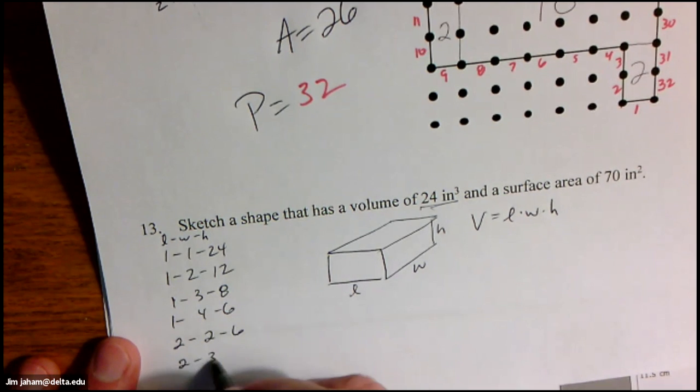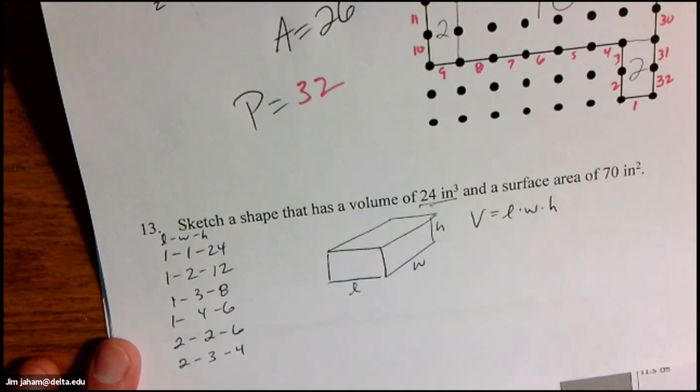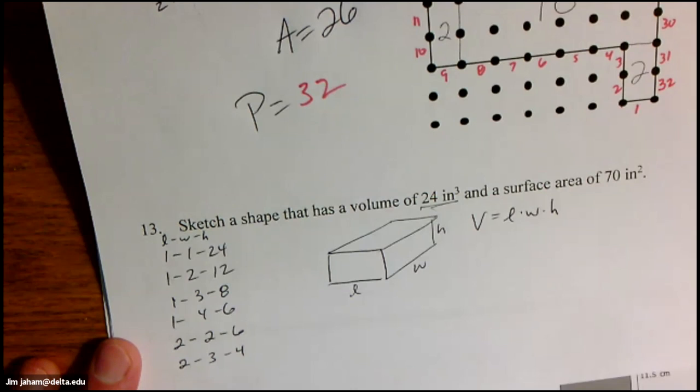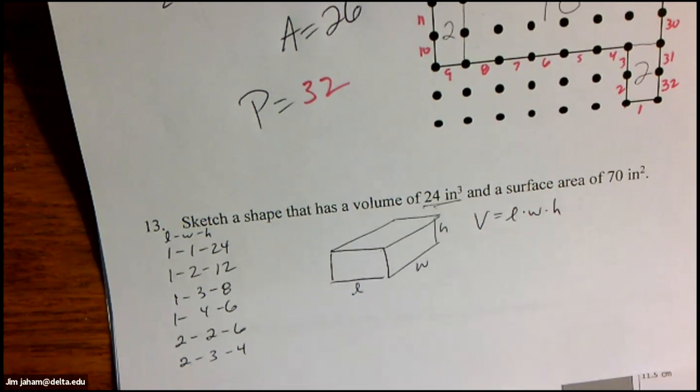And 2 by 3, that's 6 by 4, that's another one. Those 3 numbers multiply together to give 24. And let's see, if I go 3 and 3, that's not going to do it. I think this is it. If we use whole numbers, these are the only boxes that we can construct that would give us a volume of 24. So I'm going to start there.